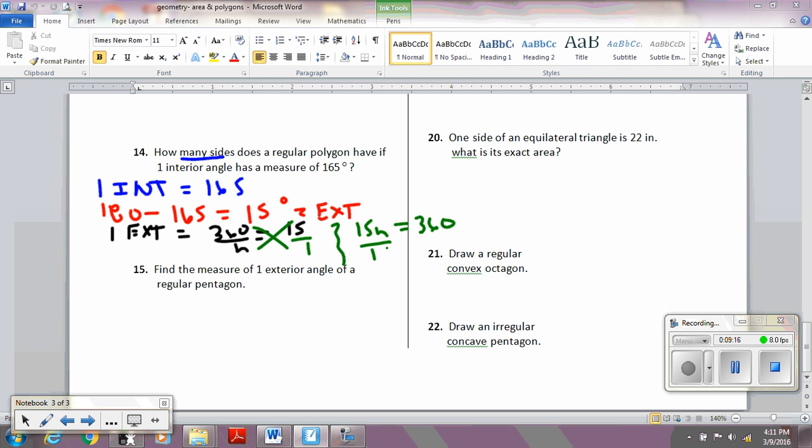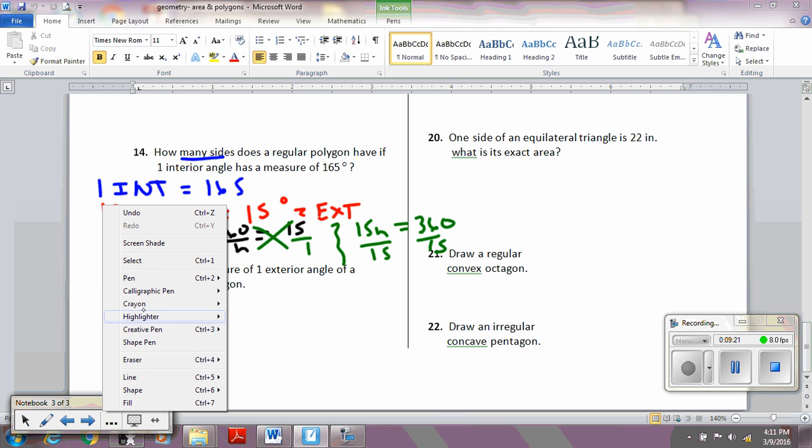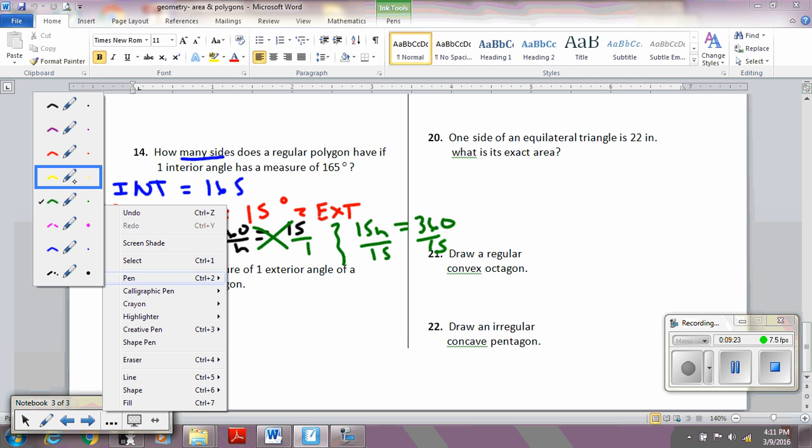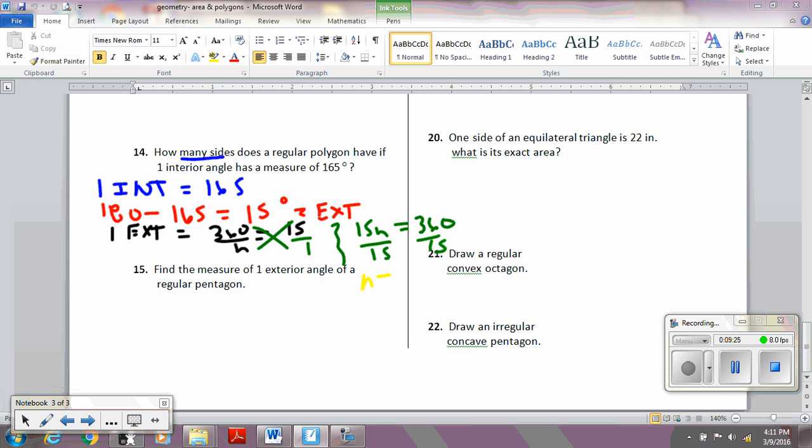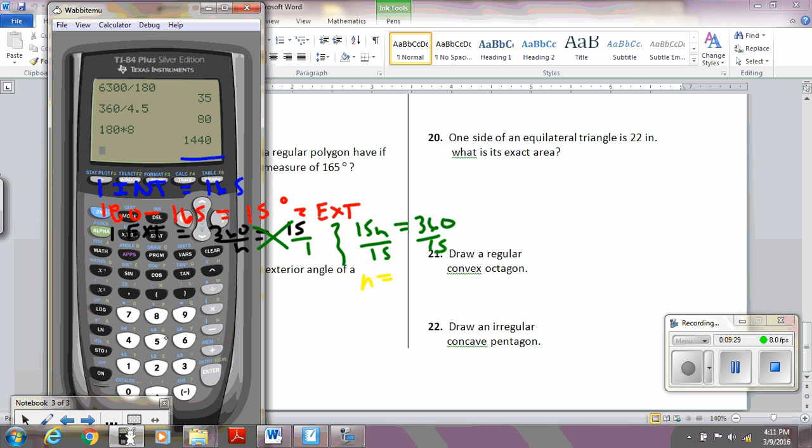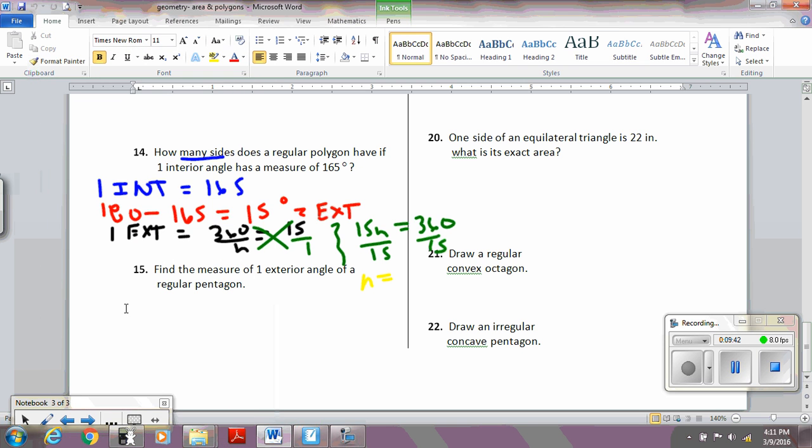And then divide both sides by 15 to get n by itself. So 360 divided by 15 is 24. So this figure has 24 sides.